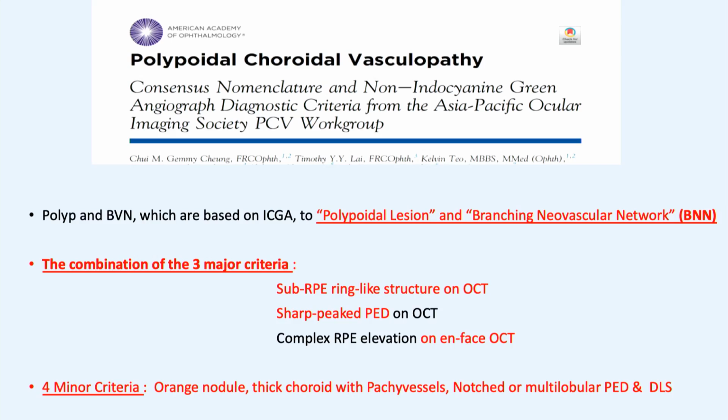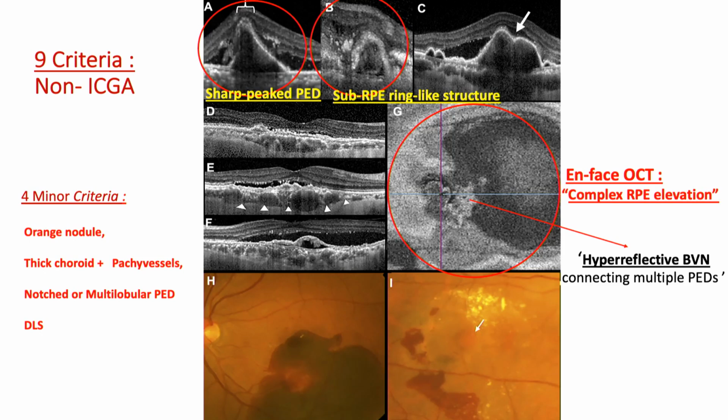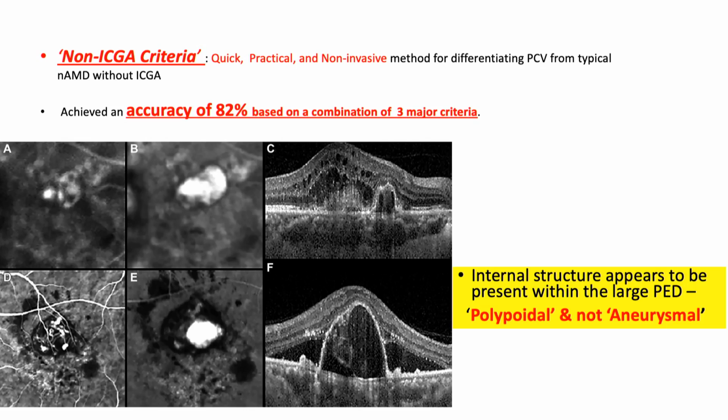we have a non-invasive, non-ICG criteria where the three major criteria include sharp peak PED, sub-RPE ring-like structure, and a complex RPE elevation on en-face OCT, along with the other findings of orange subretinal nodule and subretinal hemorrhage, and other findings like the double layer sign. All these things give the diagnosis with almost 80% accuracy compared to ICG angiography.